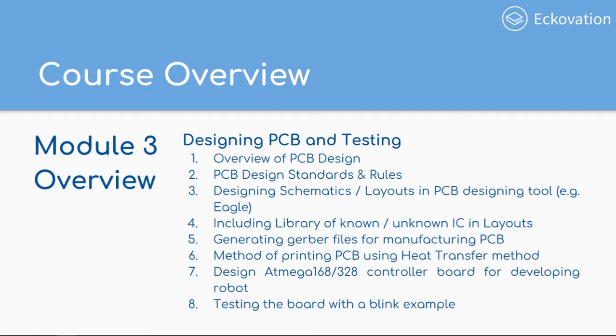We will cover the selection of components, among a variety of components which component must be utilized for building a PCB, and the importance of each of these components. All this would be covered in module number 3, and again at the end we would be building this particular board and testing it with the help of a blink example.